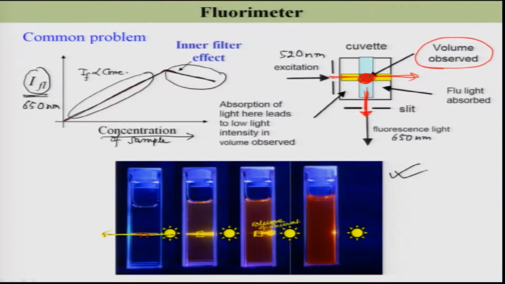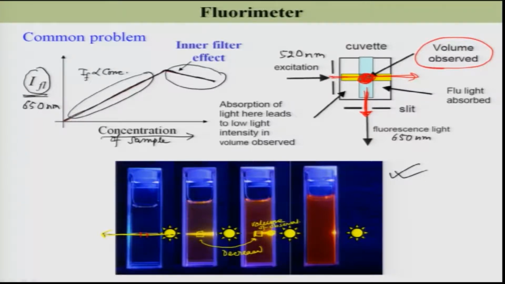From here to here it increased because the number of molecules increased, but from here to here it decreased, because the excitation light intensity is not that strong that it can come till this position to excite the molecules, because it is eaten up by the large quantity of molecules present in the front surface of this sample cell.